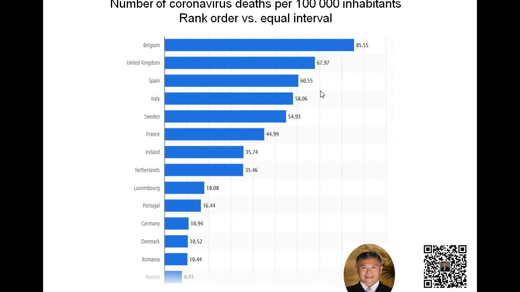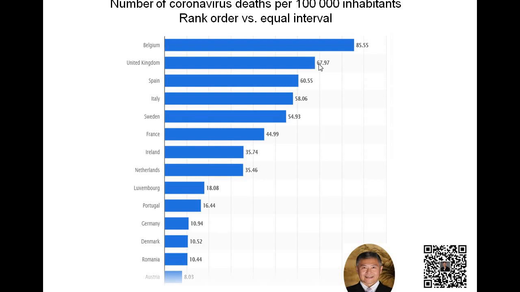But we can have a more precise measurement. We can measure the specific number of cases per 100,000 people. This would be an equal interval variable. Belgium ranks number 1. They have 85.55 cases per 100,000 people. And the UK is ranked number 2.